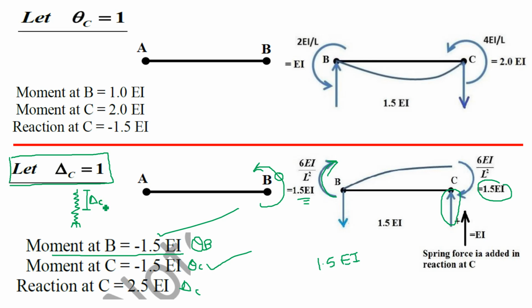Otherwise, if you replace this spring support by a simple support, hinge or roller, theta is the kinematic unknown. But because of the spring, the additional kinematic unknown is delta C, since the spring has the ability to compress. That's why the stiffness of the spring is added in the figure delta C equal to 1.